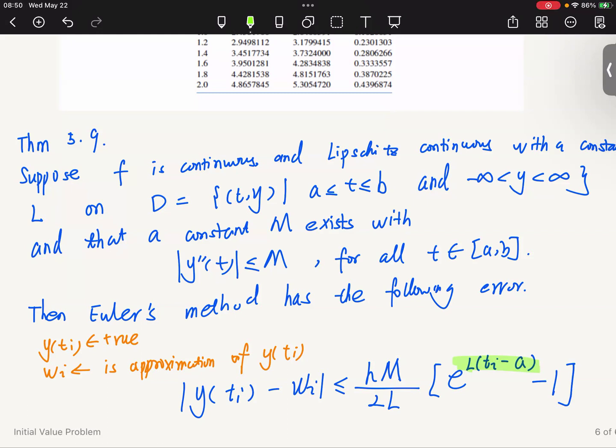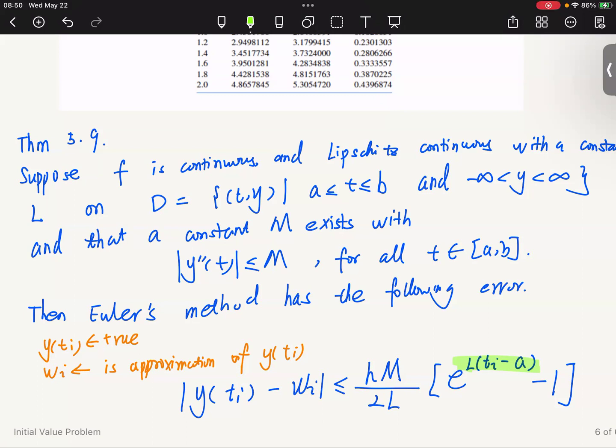If you analyze the whole problem analytically, you will see this term explains why we have a bigger and bigger error as time increases.